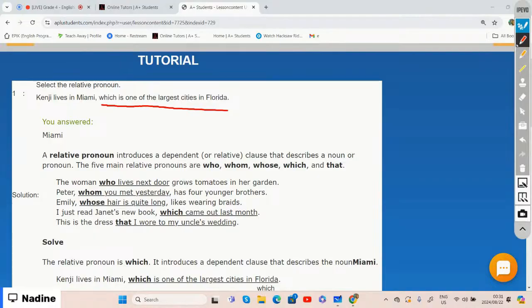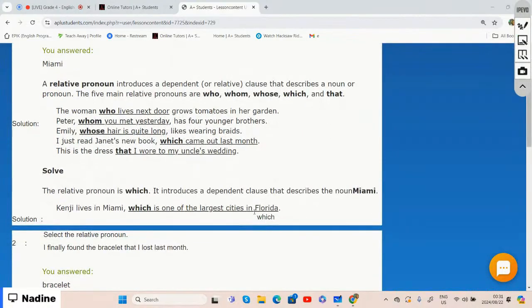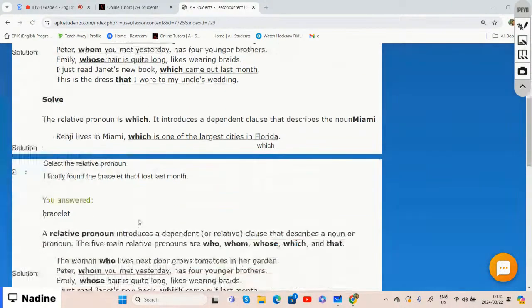All right. So now we had underlined, which is one of the largest cities in Florida, and that is correct.